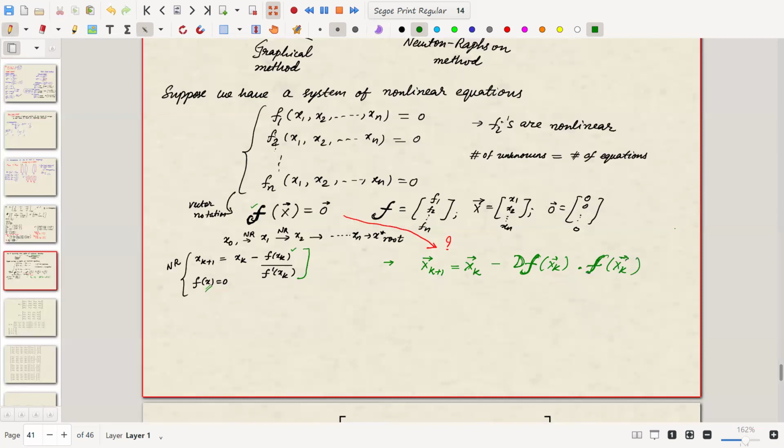Do you think it's correct? I just ask you to make an analogy between this and this. Everything is a vector, otherwise everything is similar. The derivative we are just replacing by the Jacobian matrix. I will let you know what df is soon. But tell me, just by carefully comparing each of these equations, is this okay?